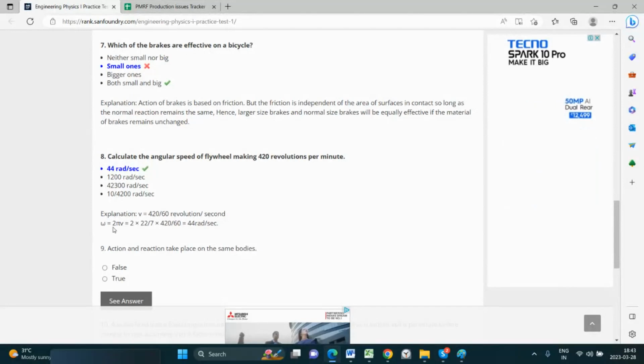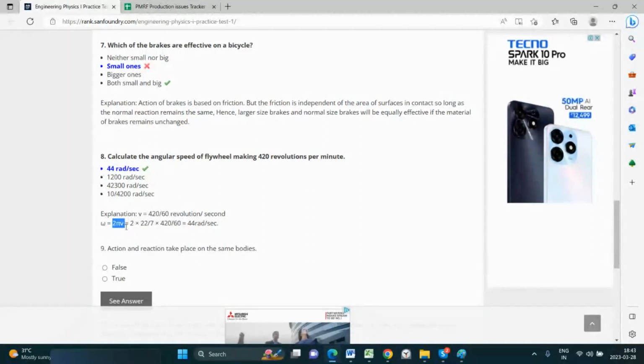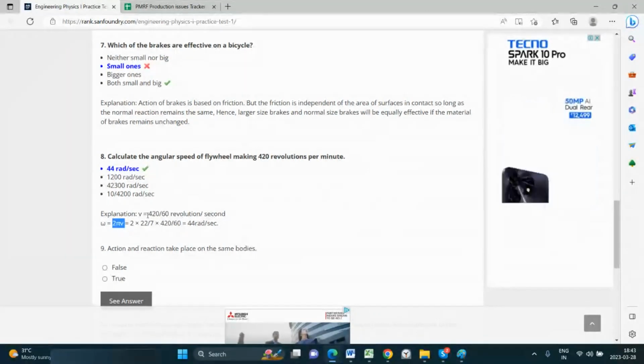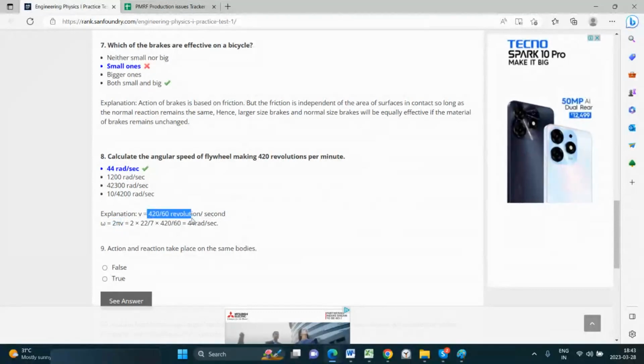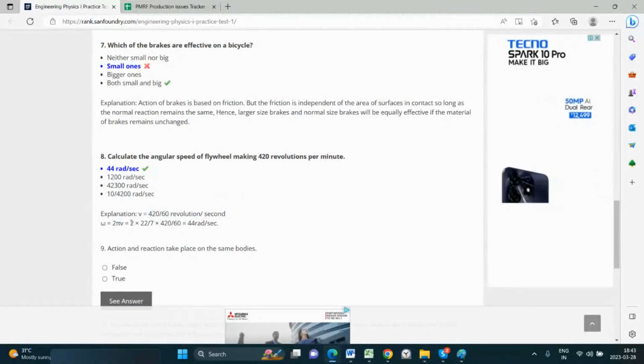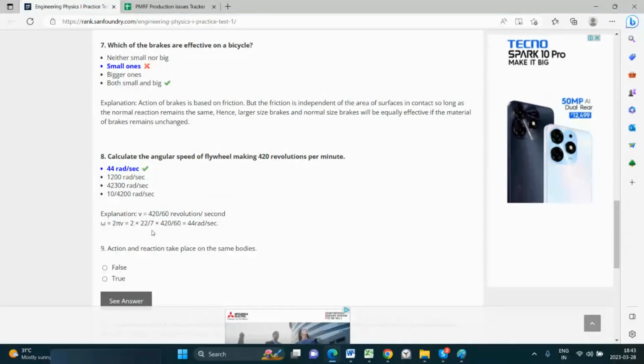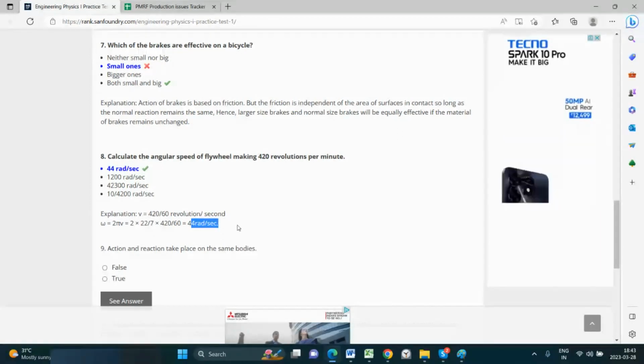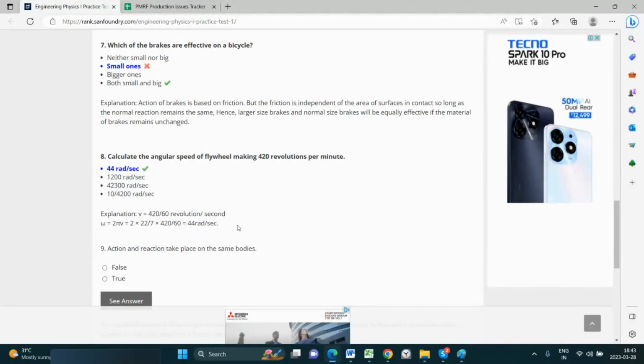Angular speed is equal to 2 pi into v, where v is the revolutions per second. That is 2 into pi, which is 22 by 7, into 420 by 60. This is the angular speed. It is a straight calculation. You need to know the formula for calculating the angular speed.